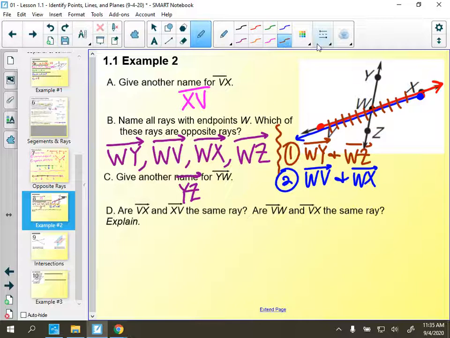But we can see through the colors that the blue is going to extend well beyond where the red one goes, and vice versa. Same thing here, that the red extends beyond where the blue starts or stops. So to answer the question, are they the same ray? No, they're not even opposite rays because they don't have the same endpoint.